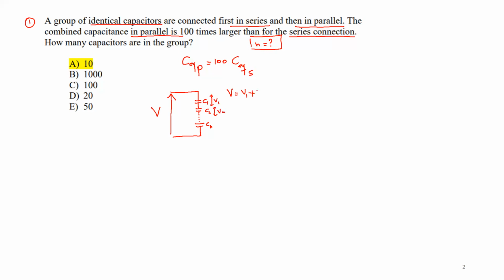So V is equal to V1 plus V2 plus all the V's, with V1, V2, Vn being the voltage across each capacitor. This is my first important equation in series.